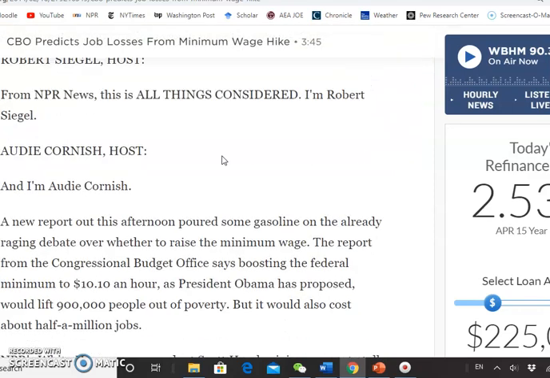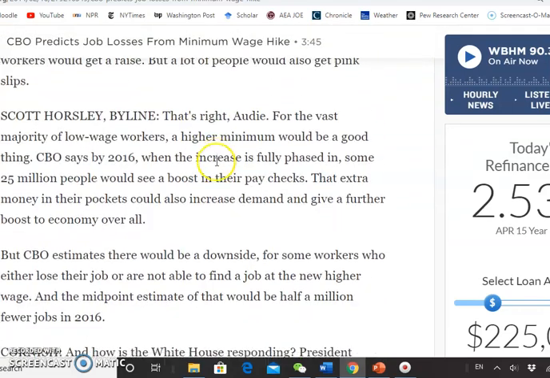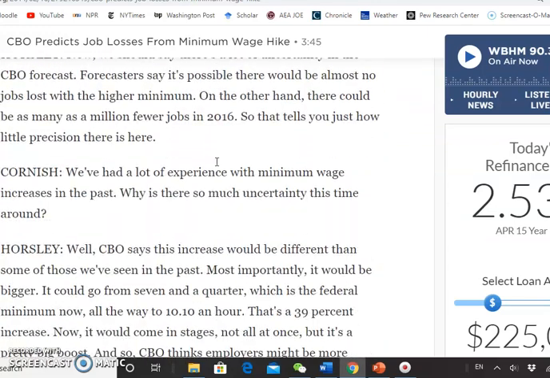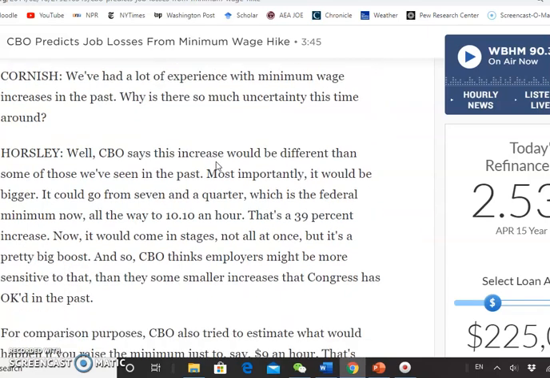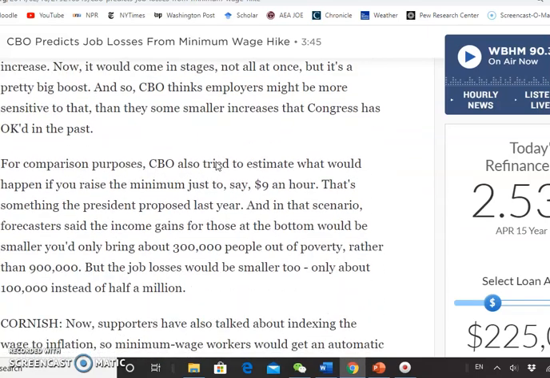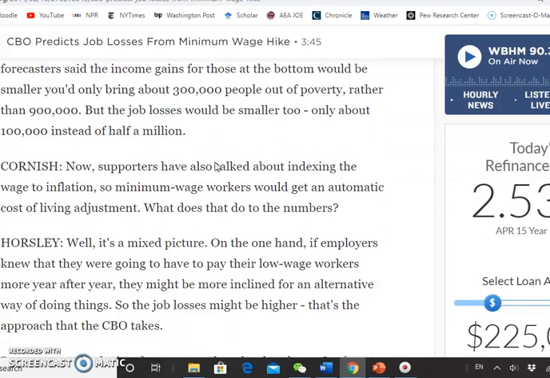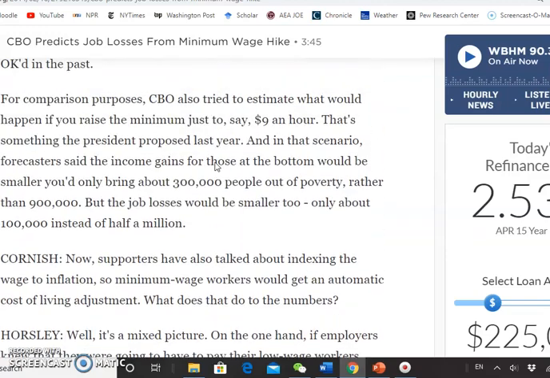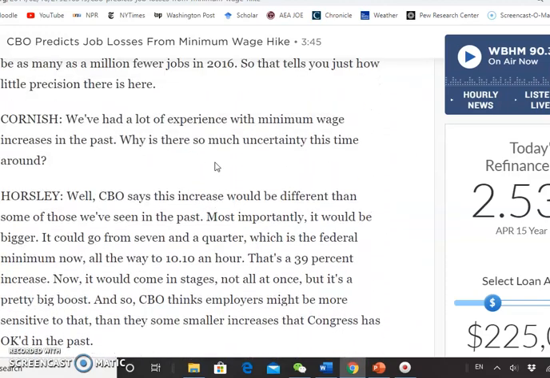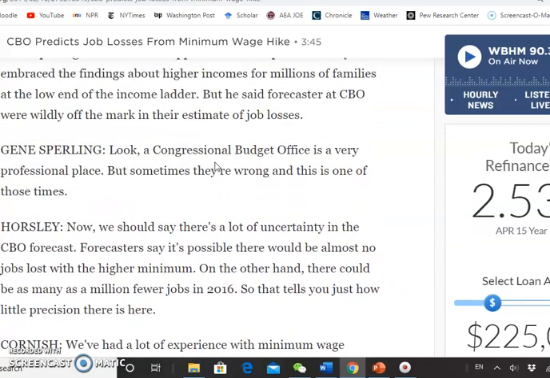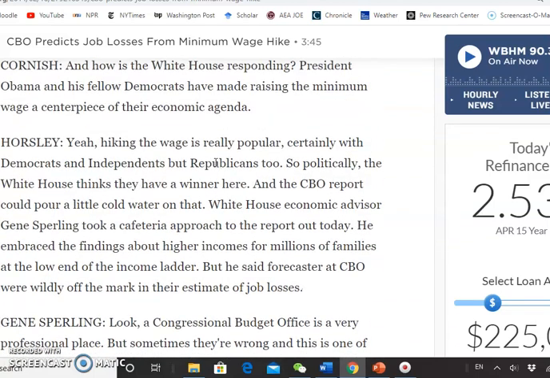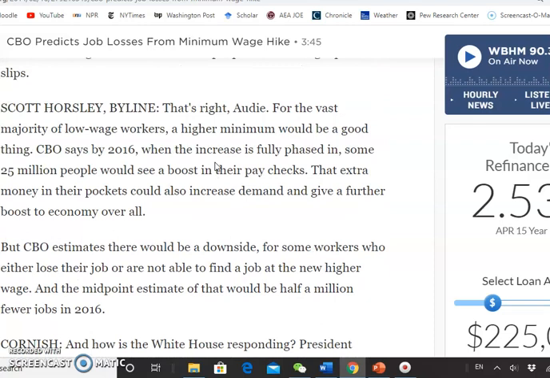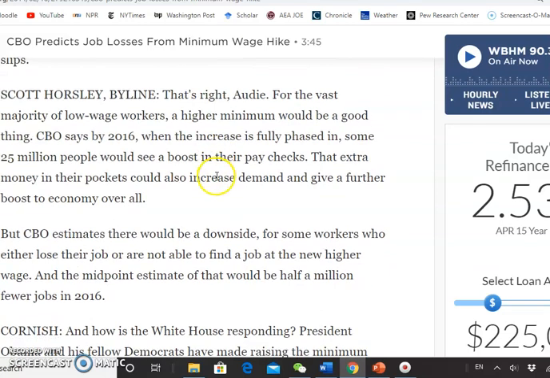I believe it's 90,000 who can be lifted up from the poverty line. Let's see if I can find that here. Oh, it's got to be somewhere here. But anyway, you can take that 90,000 as the benefit of the program of the higher minimum wage. But they also said that the cost is huge.